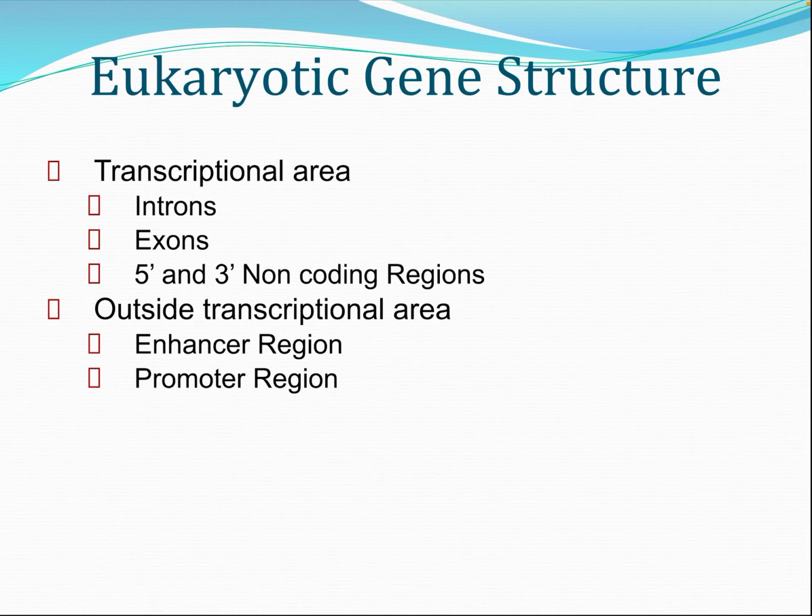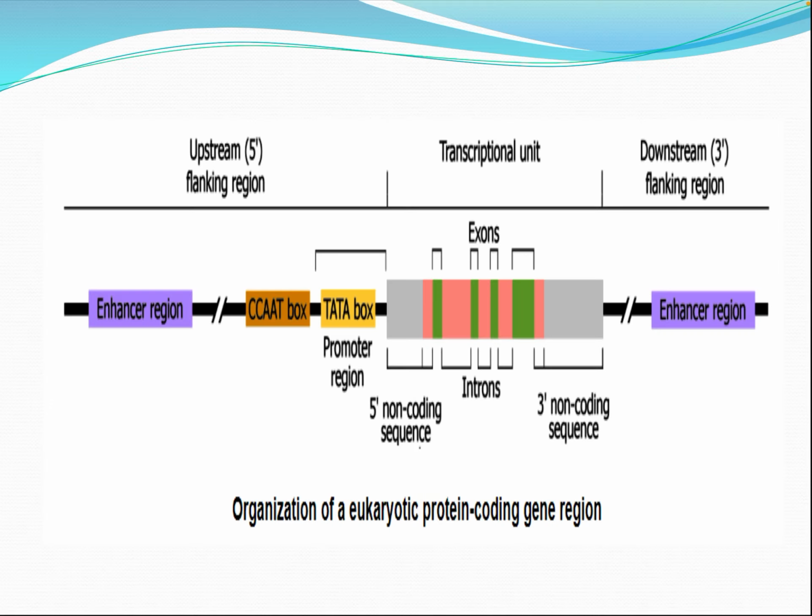The transcription area is divided into three groups: the introns, the intervening sequences between the exons which code for the mRNA, and the non-coding region at the 5' and 3' ends, where at the 5' end the RNA polymerase binds with the DNA sequence. Here is the pictorial representation of the eukaryotic gene structure.